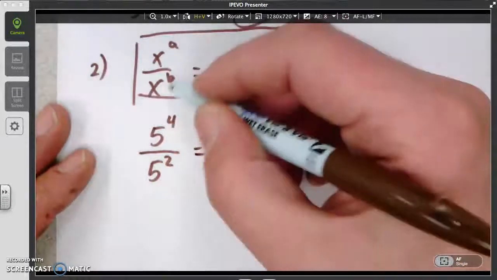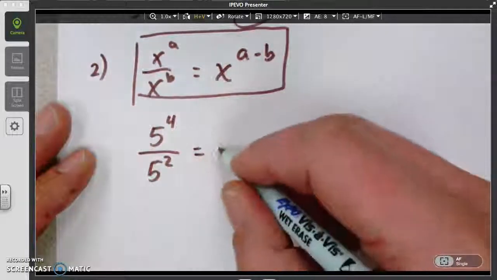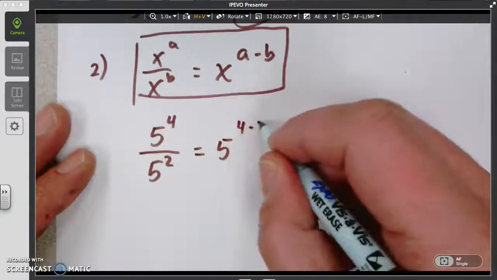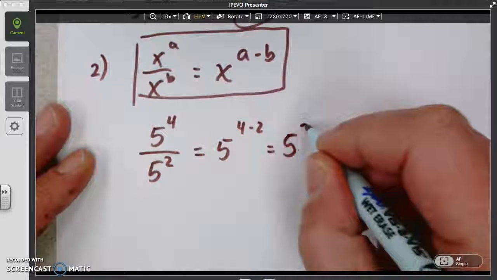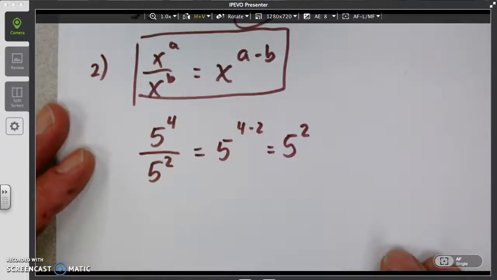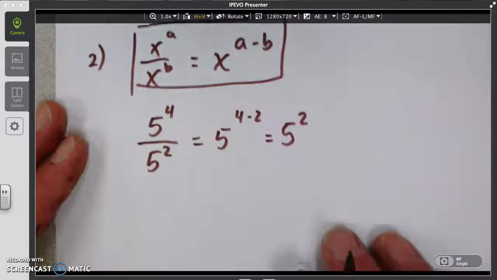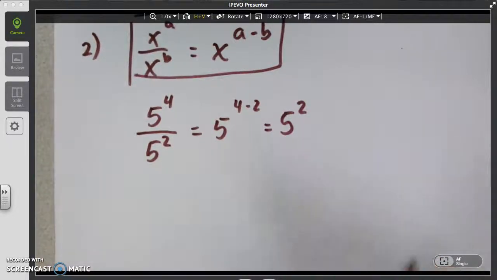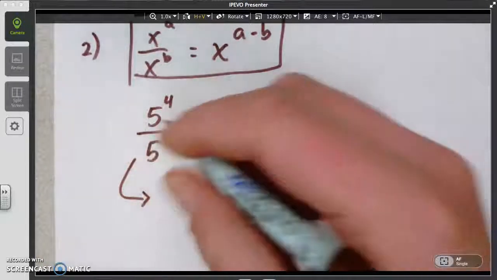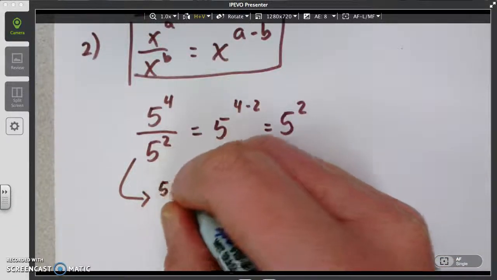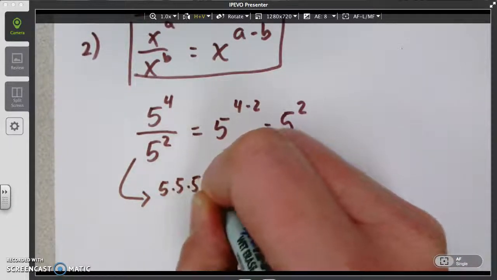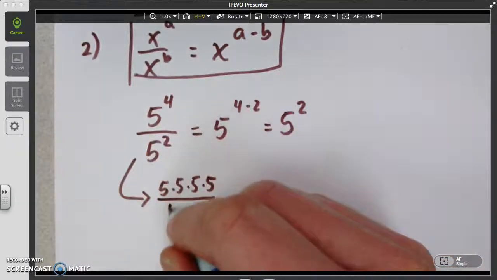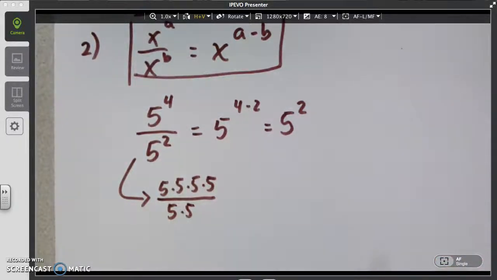Well, according to this rule, same base is 5. According to the rule, it should be 4 minus 2, which is 5 to the 2. But again, why is that? Because without understanding why, this math is going to be useless for you. So the reason why it is, if we rewrite this as 5 times 5 times 5 times 5. The bottom is 5 times 5.